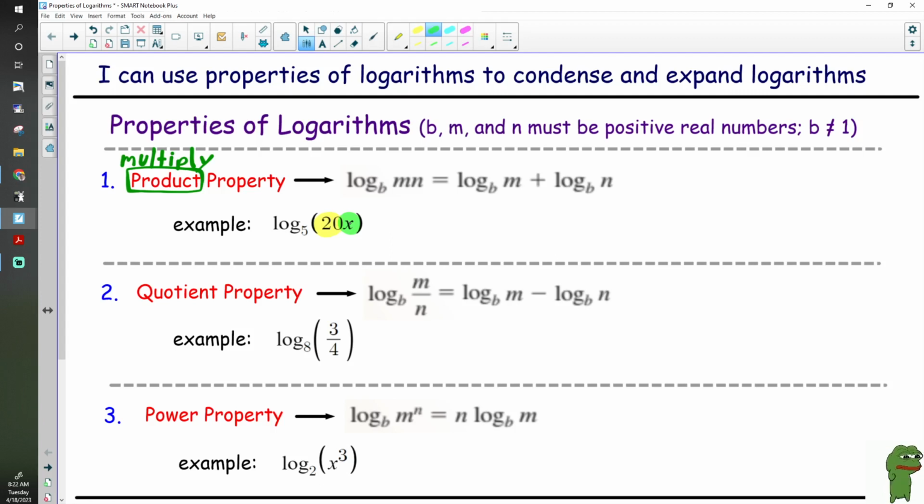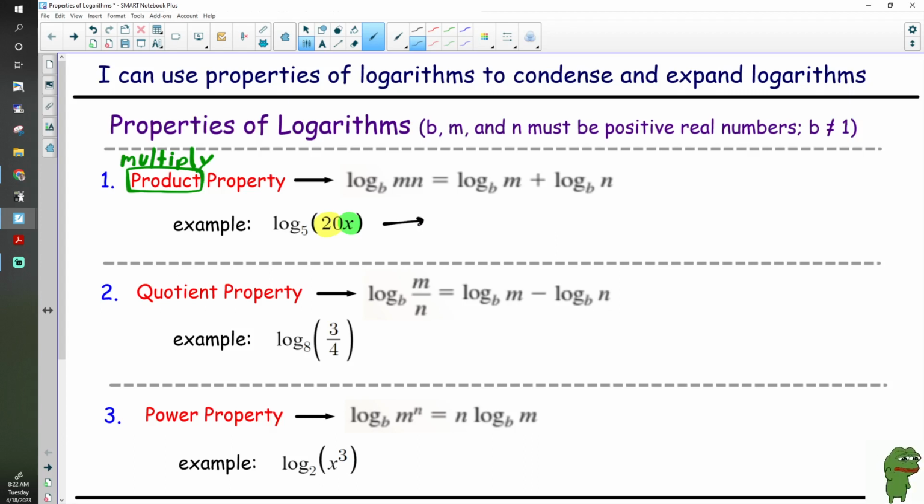Those make 20x. When there are two things being multiplied inside of a logarithm, you are allowed to rewrite this as two separate logs being added together.